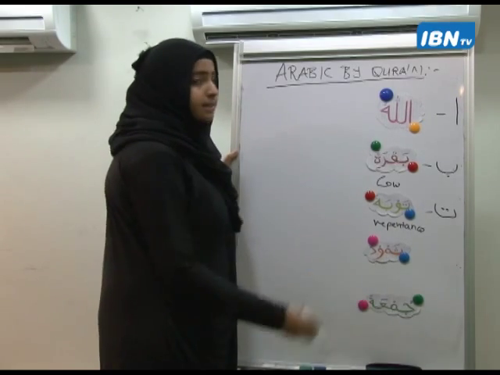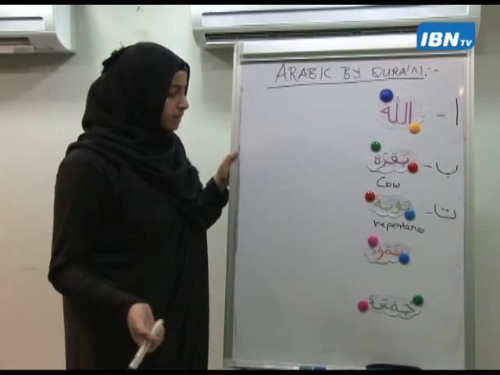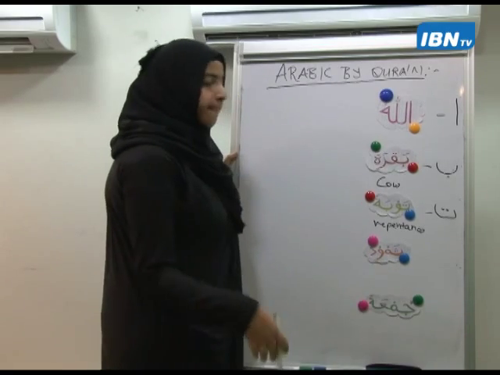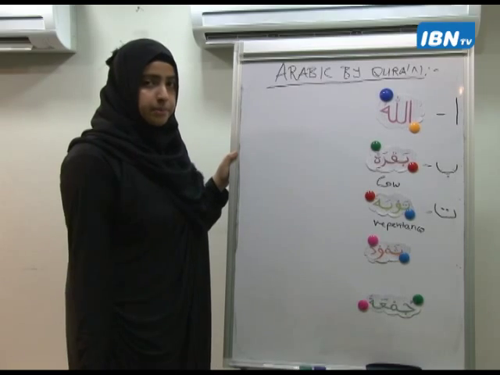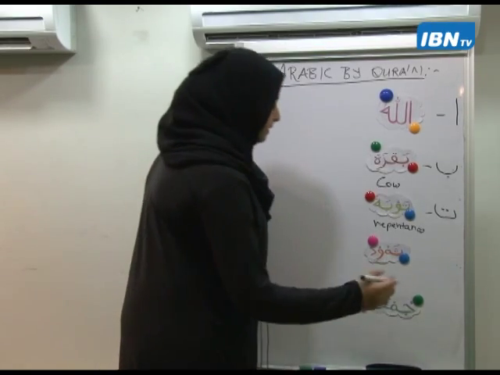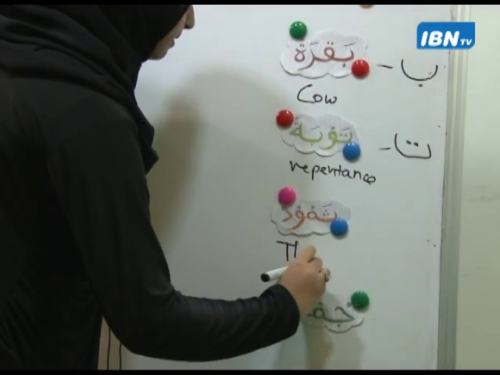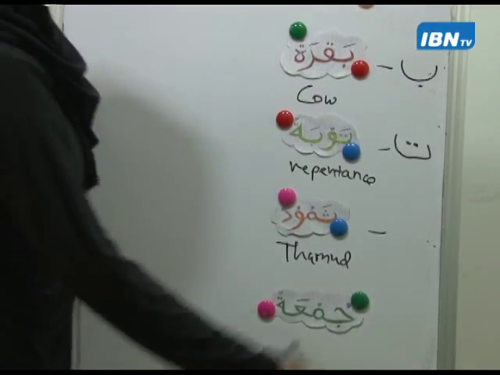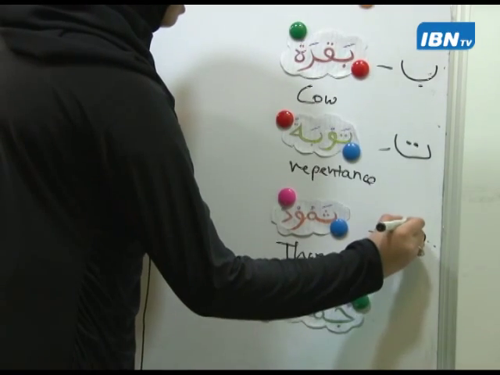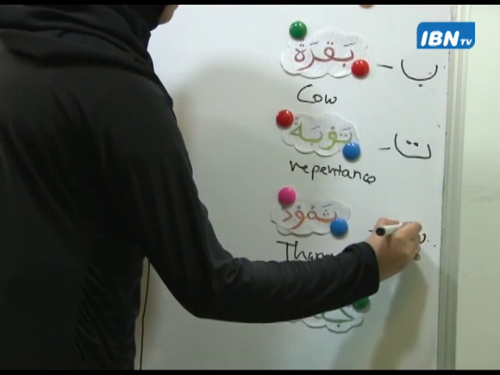It is a separate letter. What about Dal? Again, what did we say about Dal? Dal is also a separate letter. Right, so we looked at Thamud. What is Thamud? Tribe of Prophet Saleh. So this is Thamud, and it starts with the letter Tha, which is a Muttasila letter.